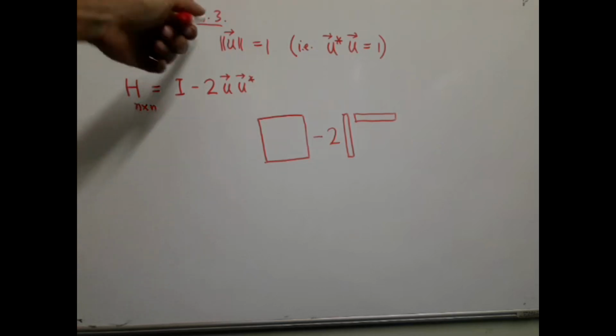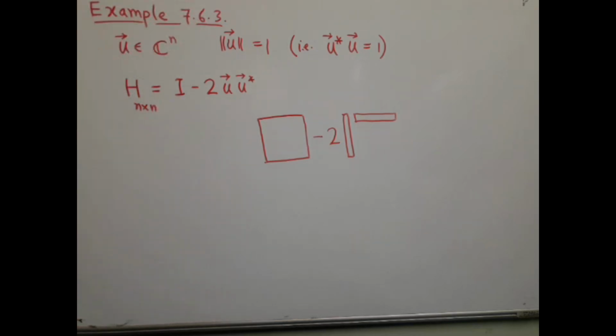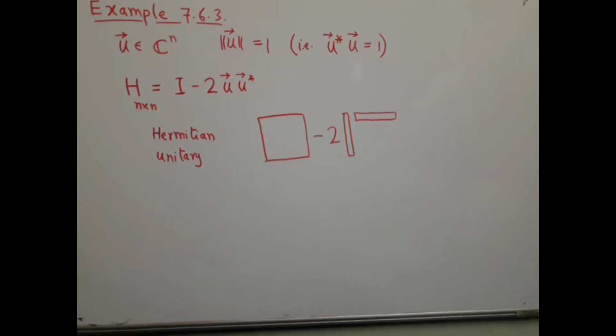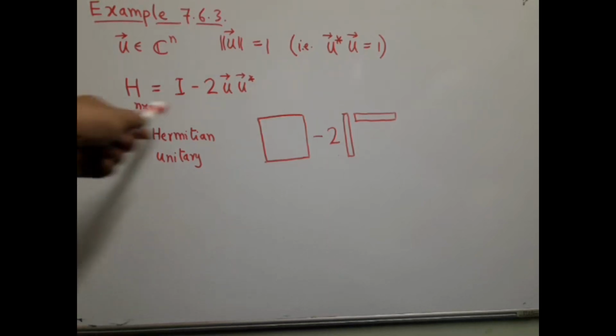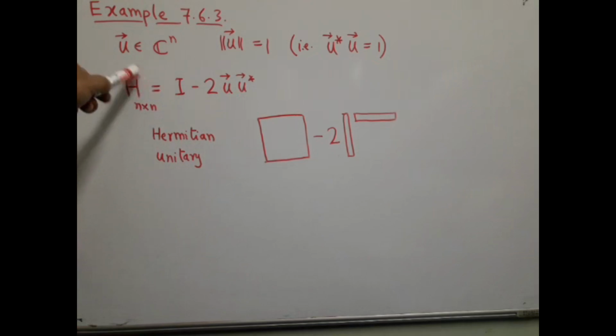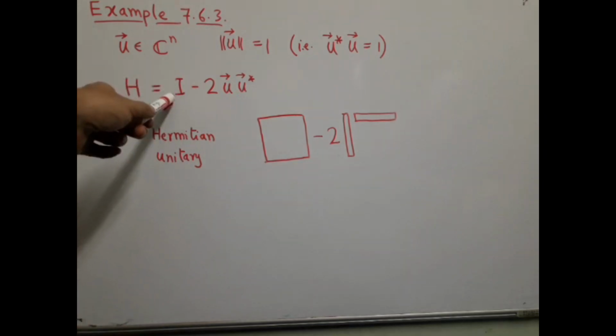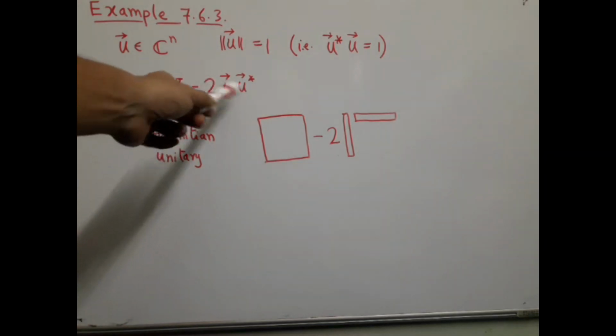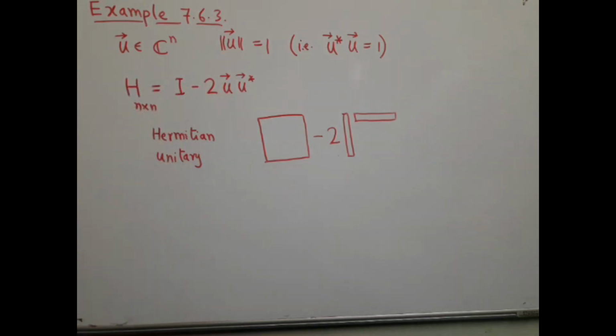Now this example claims that this matrix will be both Hermitian and unitary. The fact that it is Hermitian is just obvious, because if you take H star, then I star is I itself, and minus 2 comes out, it's just a real scalar.